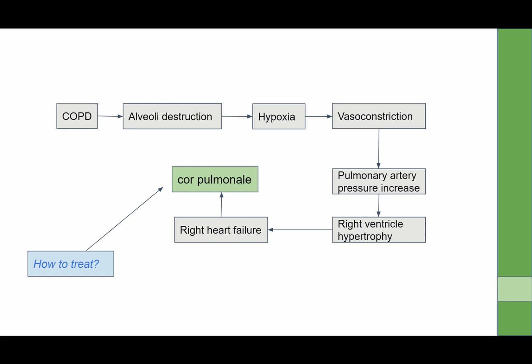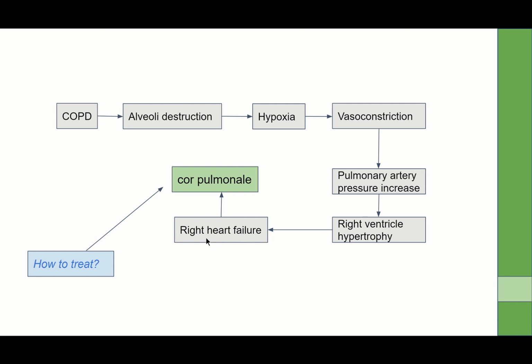But the pulmonary artery pressure is increased, so the right ventricle needs to increase its muscle mass, or in another term hypertrophy, in order to pump blood efficiently. But in time, this hypertrophy mechanism is not sustainable, so the right heart will fail.